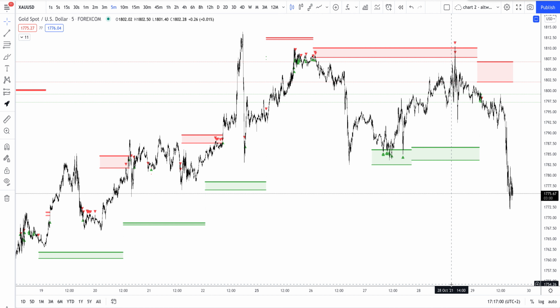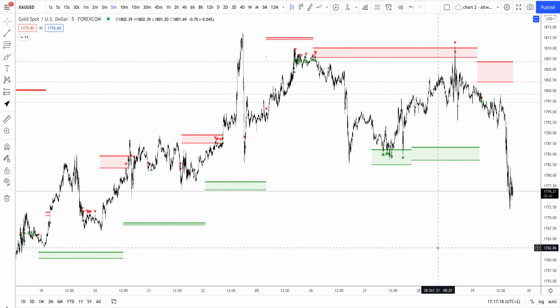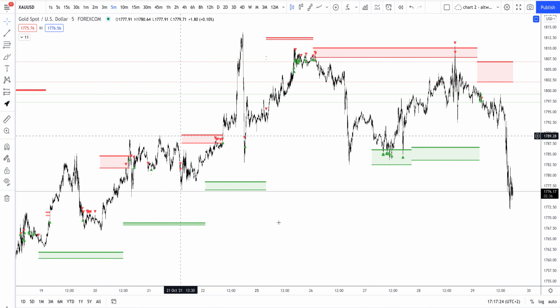A lot of you asked me how to use this indicator in Forex, on indexes, and on commodities. Today I was talking with a guy who was using my indicator on 5 minutes gold and it was not profitable.